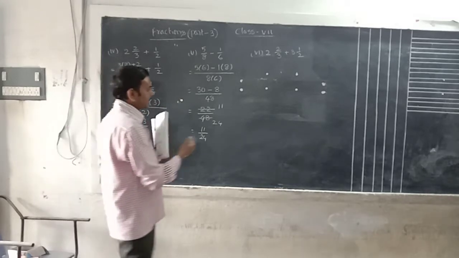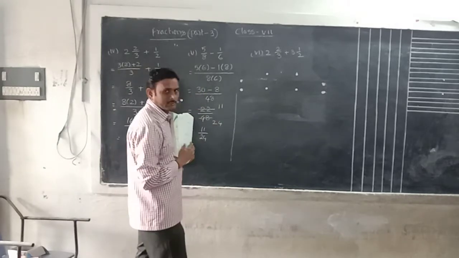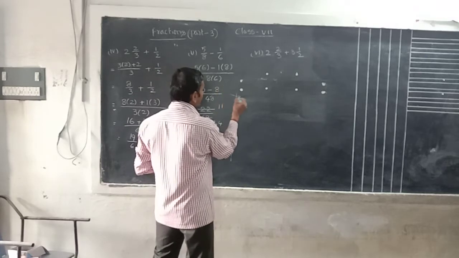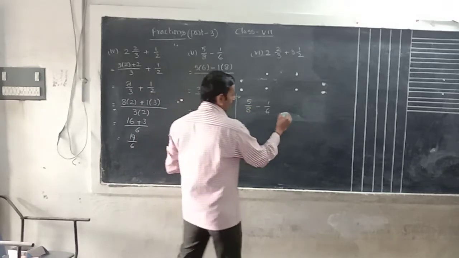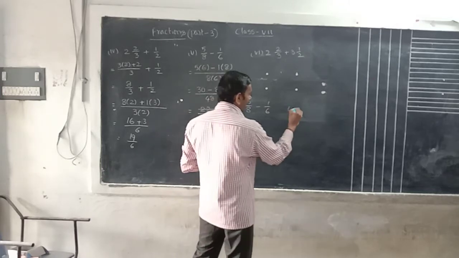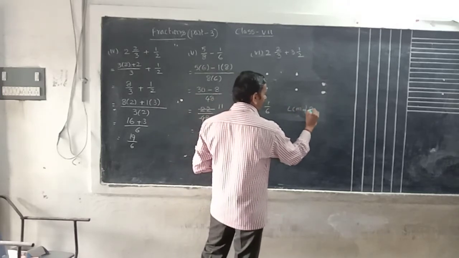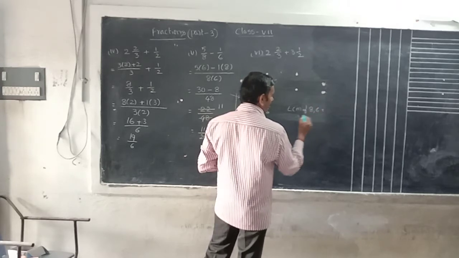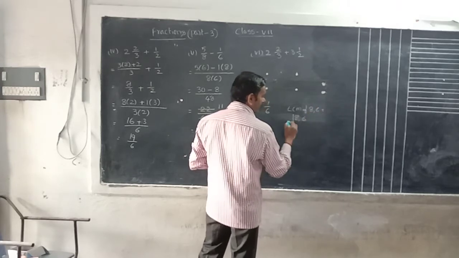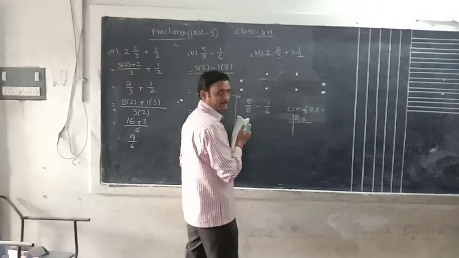What is that method? We can equalize the denominators. For this one, I am saying 5 by 8 minus 1 by 6. LCM of 8 comma 6. Okay, 8 comma 6, LCM how much? Take the LCM: two numbers should divide by the same number.